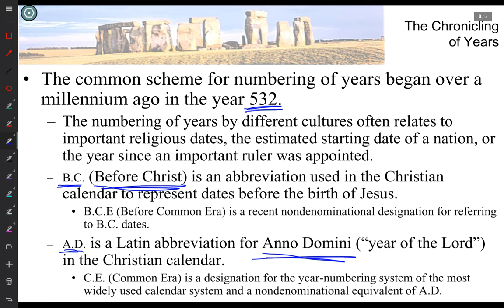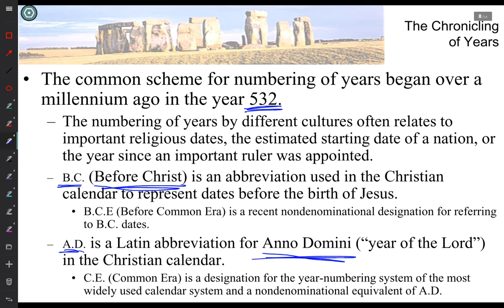But the system was devised based on calculations back from an understood historical event. And as I understand it, it's off by a few years. I think Christ was supposed to have been born something like 4 years before 1 AD. I'm probably wrong on the actual number there, but he wasn't born in 1 AD.